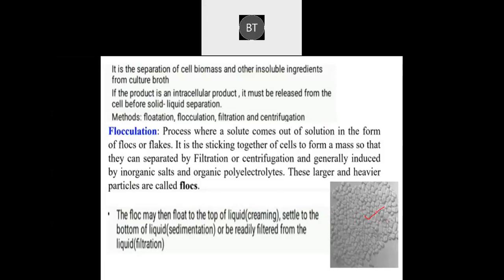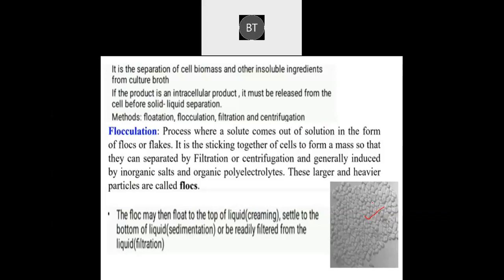The process of flocculation depends on the nature of the cell and the ionic constituents of the media. Addition of flocculation agents such as inorganic salts or organic polyelectrolytes, mineral hydrocolloids, is often necessary to achieve this flocculation.